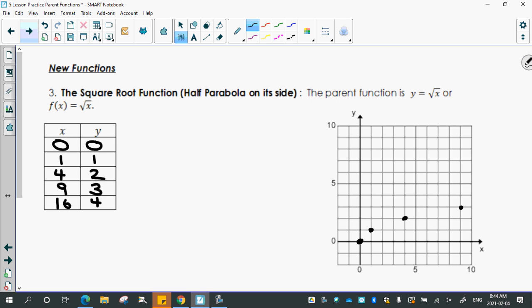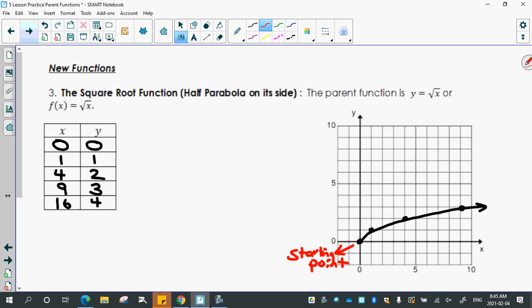But there's our square root function, half parabola on its side. So it doesn't have a vertex, but it has what we call a starting point. And it's got an arrow, it keeps going in that direction.